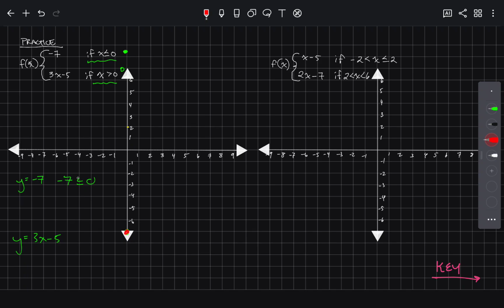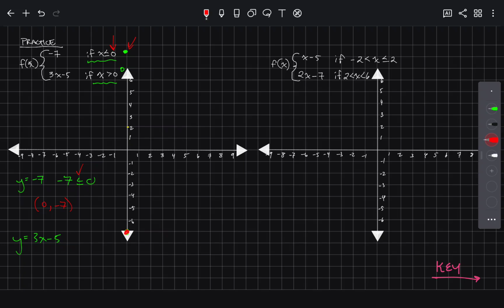Negative 7 is less than or equal to 0, so it matches the parameters. Check. I used a colored in circle because it's or equal to. Now what this did was it gave us an x value of 0 because we started at 0. That's why we have it at 0, negative 7. And our y was already equal to negative 7 whenever we wrote the equation. So that's very good.